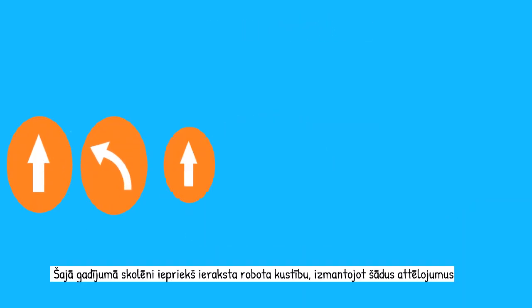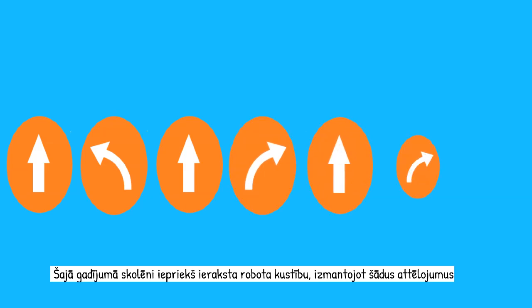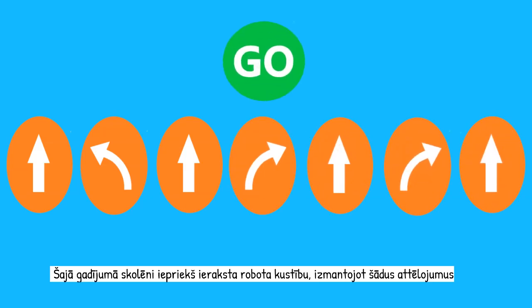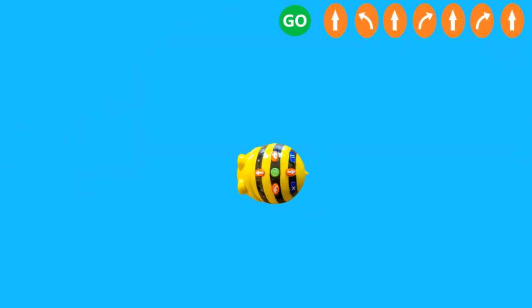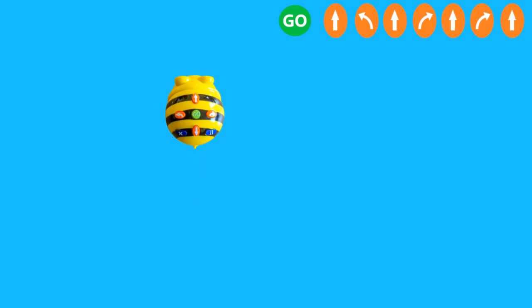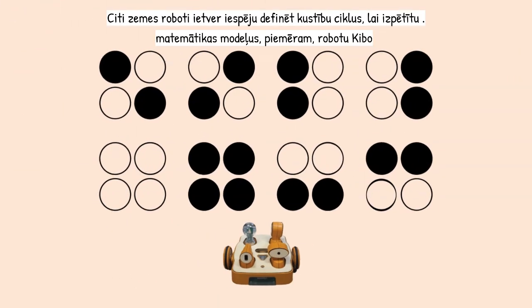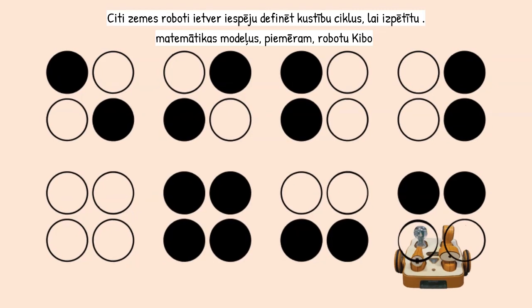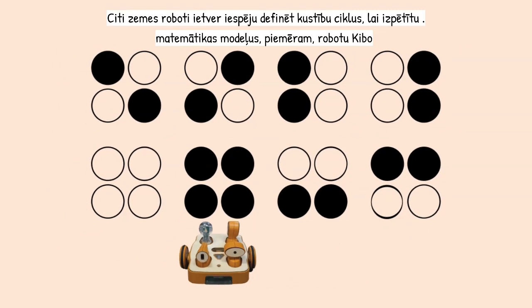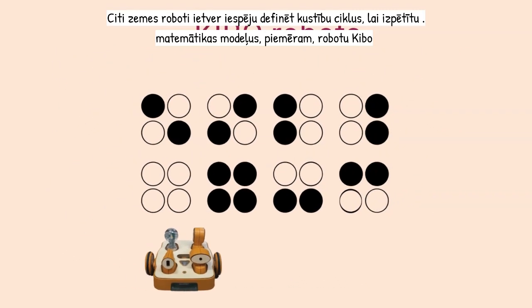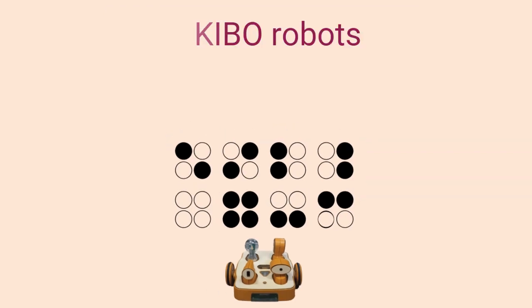In this case, the students previously record the movement of the robot by using informal representations such as the following. There are other ground robots that include the possibility to define cycles of movements enabling the exploration of patterns in mathematics, such as the Kibo robot.